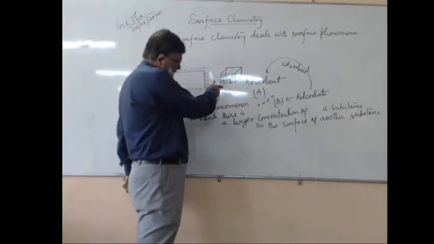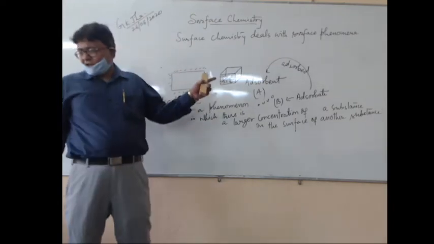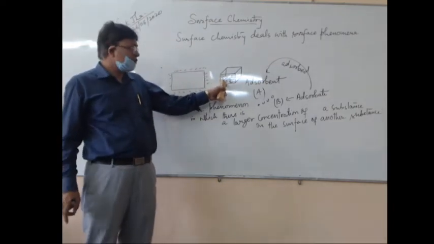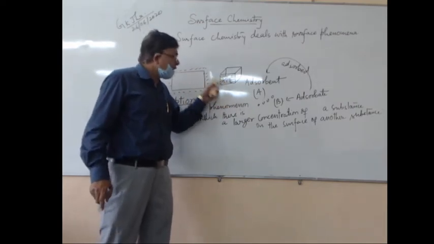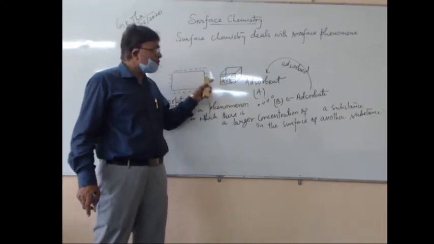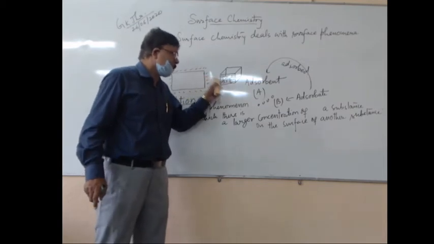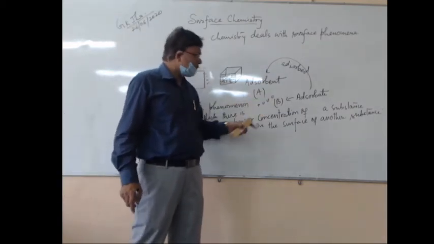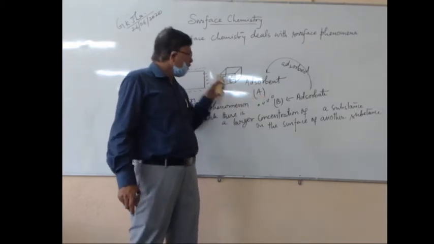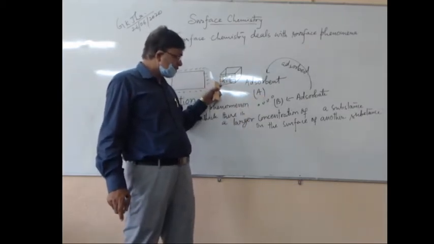So, the example is here. This is, suppose, the surface of a substance. This substance is providing its surface, therefore it is called adsorbent. Suppose these gaseous molecules are accumulating onto the surface of this substance.